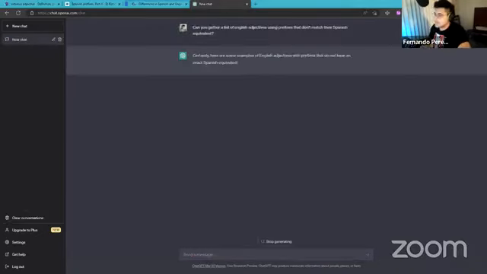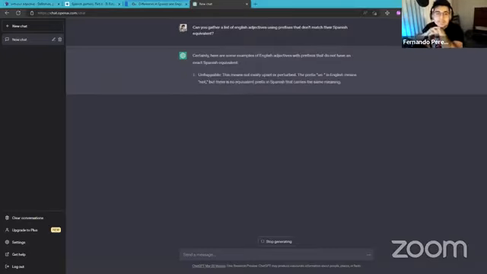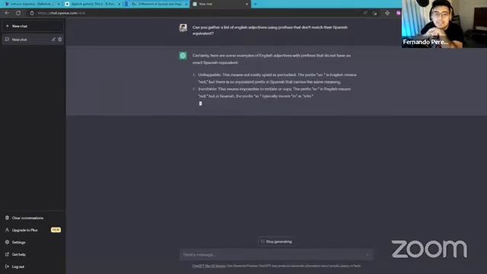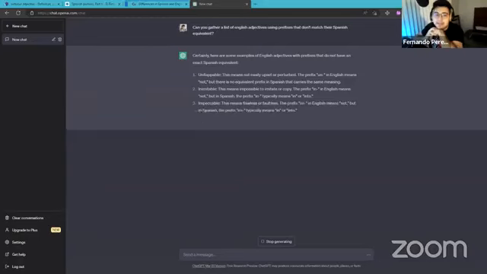Let's see what it says with this. Certainly, here are some examples of English adjectives with prefixes that don't have an exact Spanish equivalent.